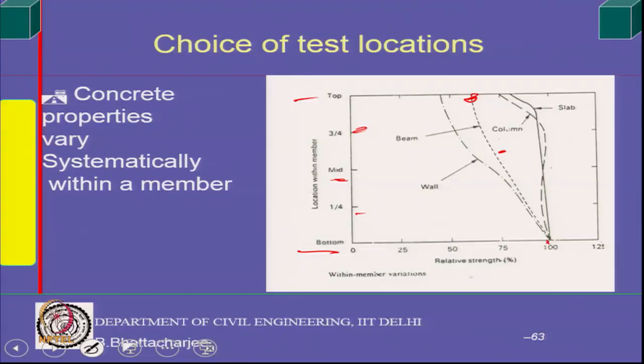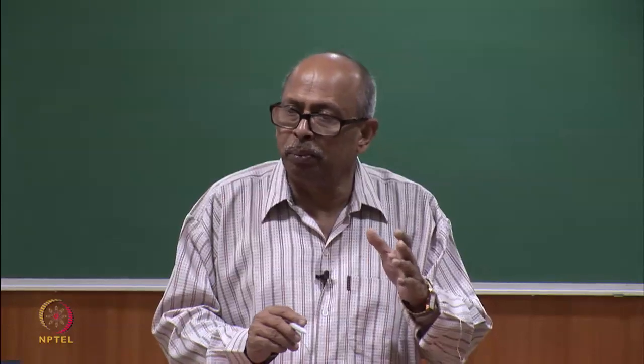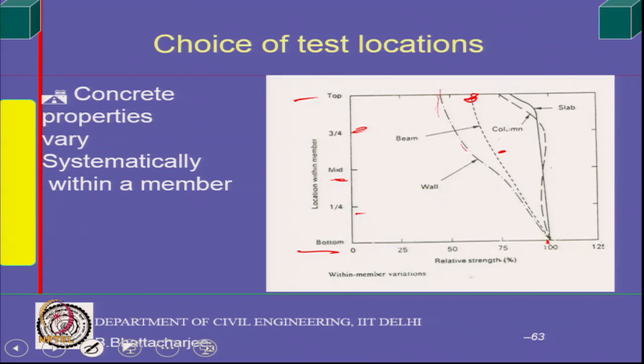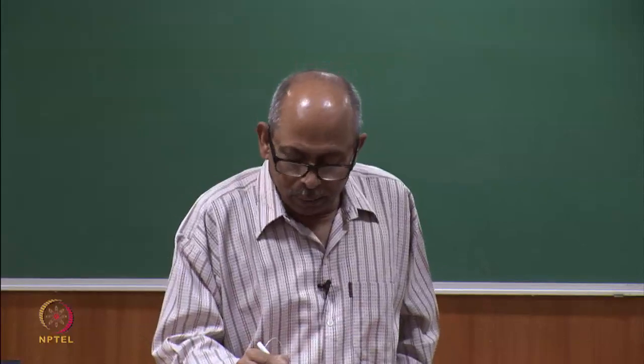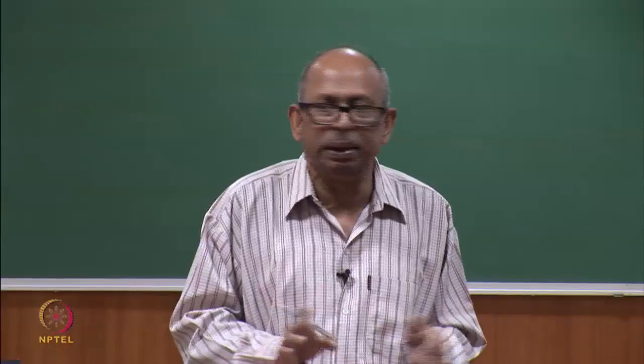As it becomes deeper, the possibility of compacting it becomes somewhat less. So, this is from experience. Wall something like this, the slab something like this, column is here, this is for beam, this is for wall, because it also depends upon the reinforcement, congestion and all that. So, this is for beam, this is for column, top is bad, double layer. You can see that one lift, maybe something of this kind. So, typically this is it.